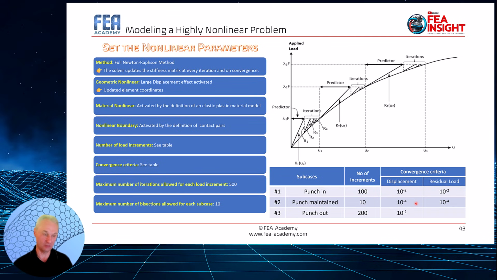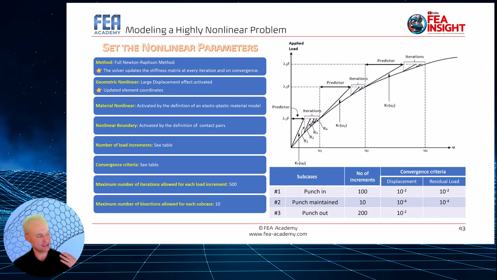And for punch out, it's 200 increments with just a convergence criteria on the displacement. Again, those convergence criteria are discussed in the nonlinear course.